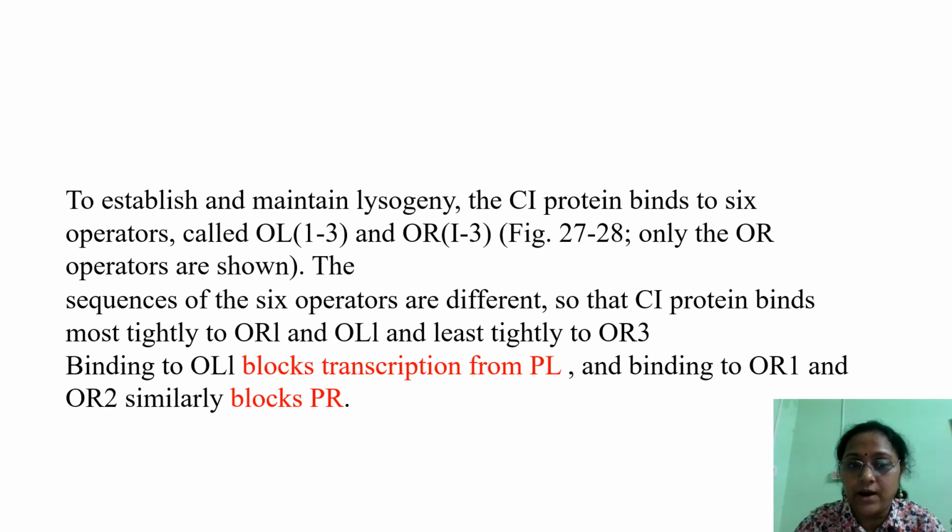Binding to OL1 blocks transcription from PL. That means when C1 binds to OL1, it blocks transcription from PL. Okay, so this is how C1 inhibits the transcription from PL and PR. By binding to OL1, it can inhibit transcription from PL, and by binding to OR1, it can inhibit transcription from PR, thus inhibiting the production of N and Q.